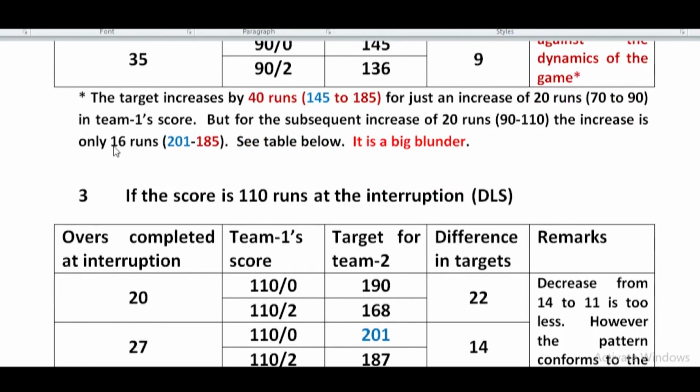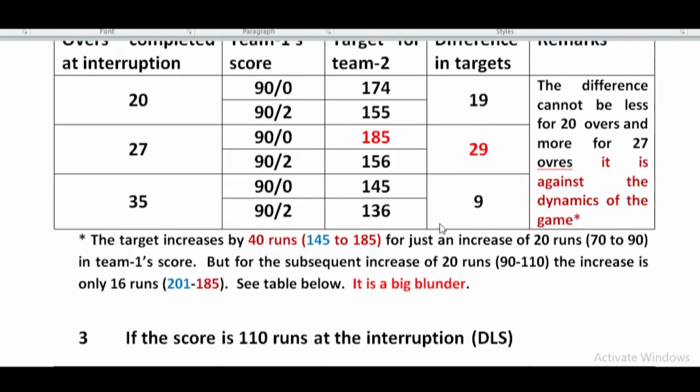That means the difference is only 16 runs. That means for the first 20 runs increase from 70 to 90, the target is increased by 40 runs, and the subsequent increase of 20 runs, the target is increased only by 16 runs. So that reveals that this value is a big blunder.